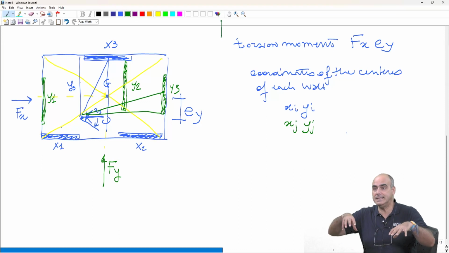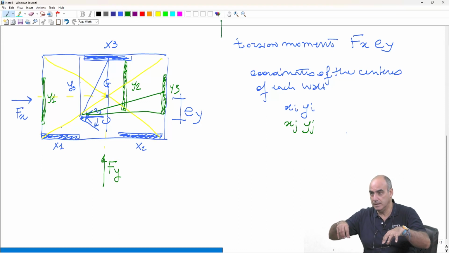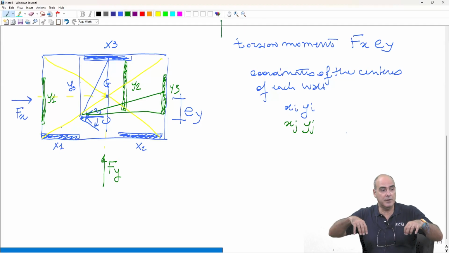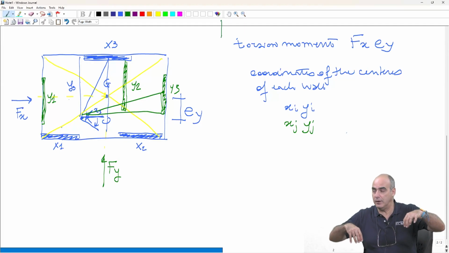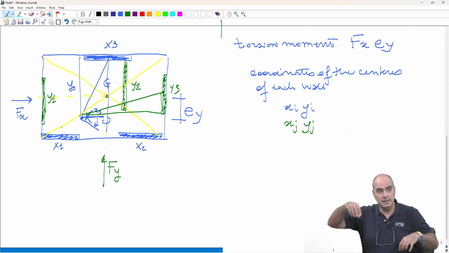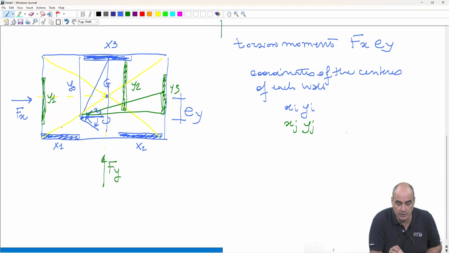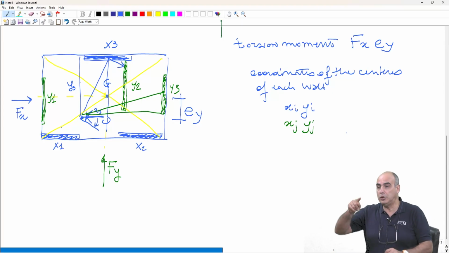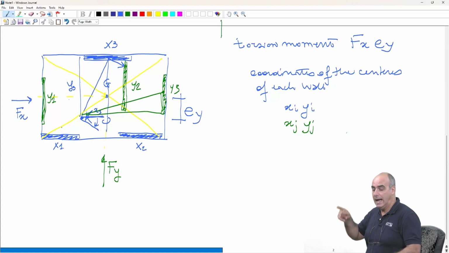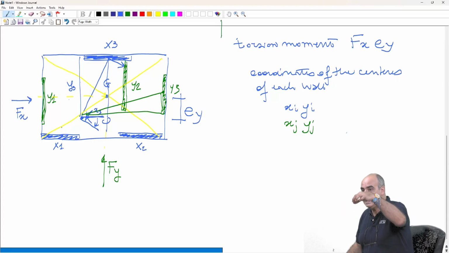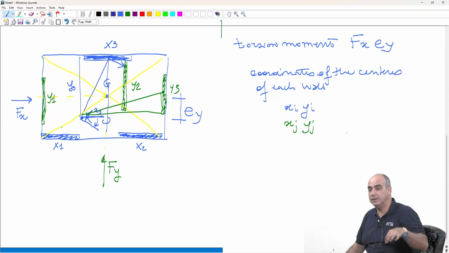That if you have a system of rigid bodies, and this system of rigid bodies has a common center of rotation, each rigid body undergoes a displacement orthogonal to the line connecting its center to the center of rotation.